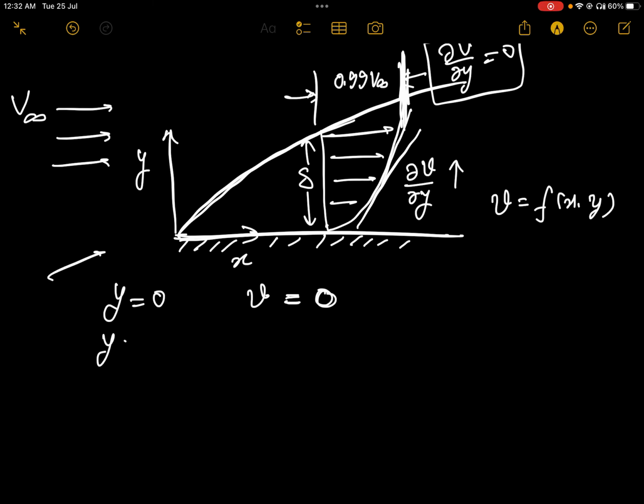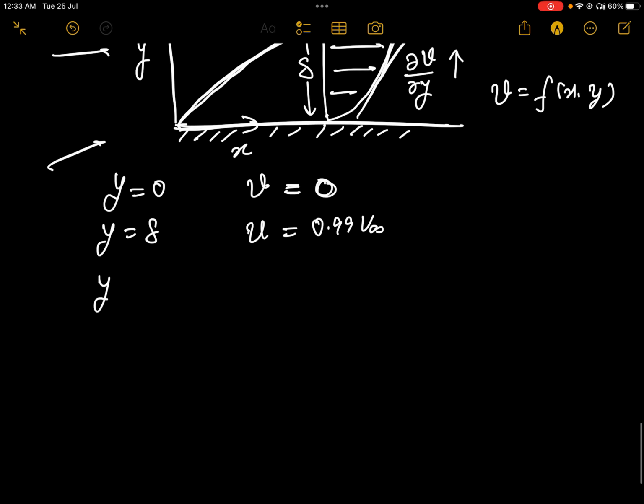If we talk about y equal to delta, the boundary layer thickness, then at that location the horizontal component u will be 99% of the free stream velocity. And at y equal to delta, del u upon del y is equal to 0. The velocity gradient is 0.